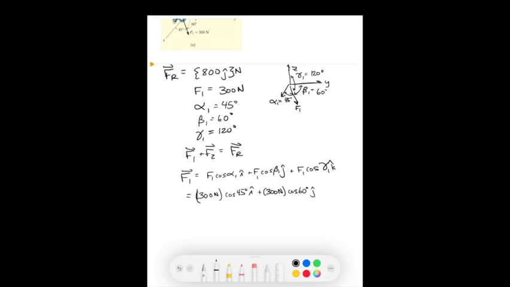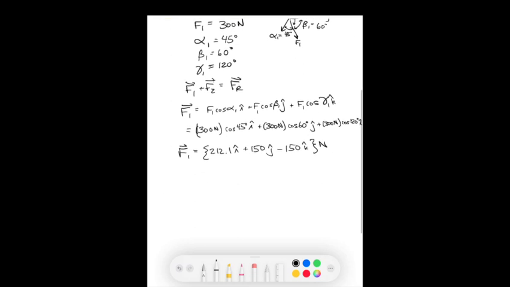Cosine of 60 degrees, and we have 120 degrees, and we can find that F1 has 212 newtons pointing in the x direction, 150 newtons in the y direction, and it's pointing in the downward direction, or negative z direction.